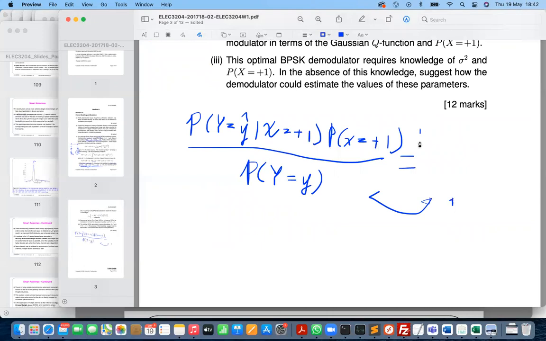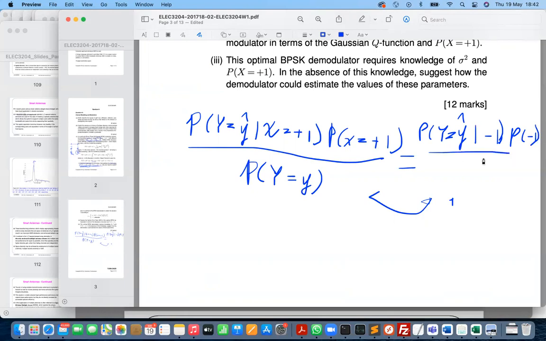So if you extend, P of Y equals Y hat, conditioned on X equals -1, and then the probability of X equals -1.